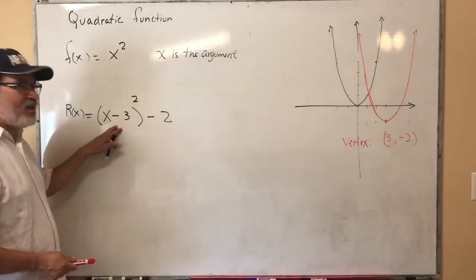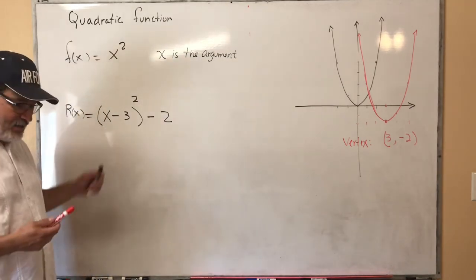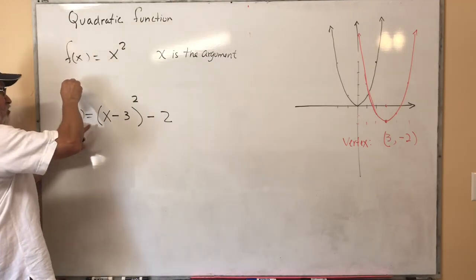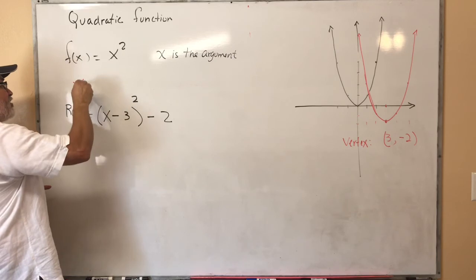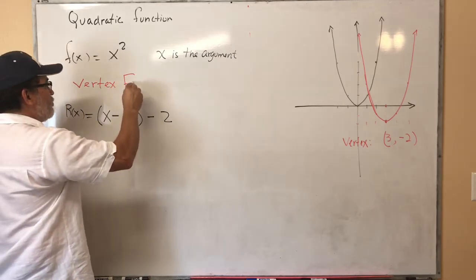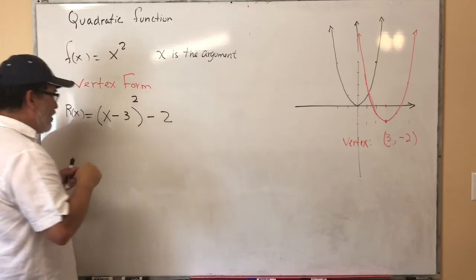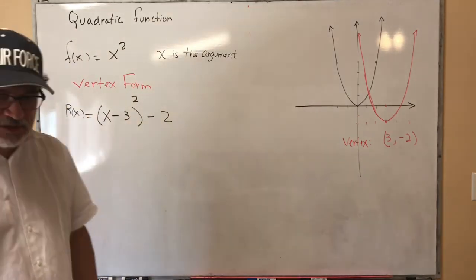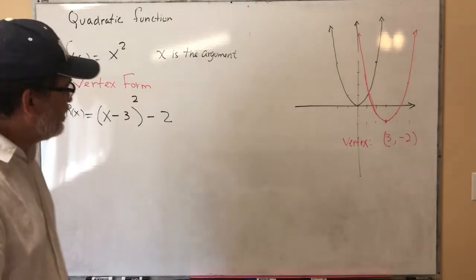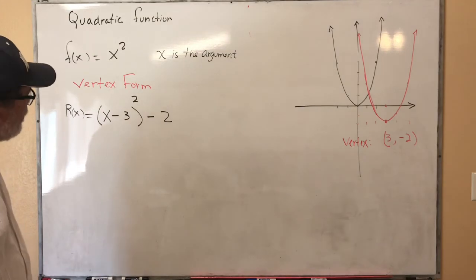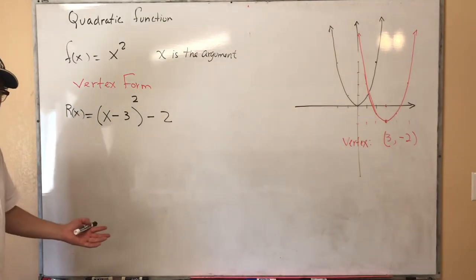They call this the vertex form. The way this parabola is written is the vertex form. Why? Because you can see the vertex when you have it in the vertex form. Okay? Let's do it again.